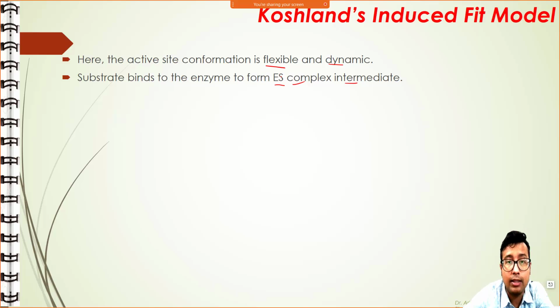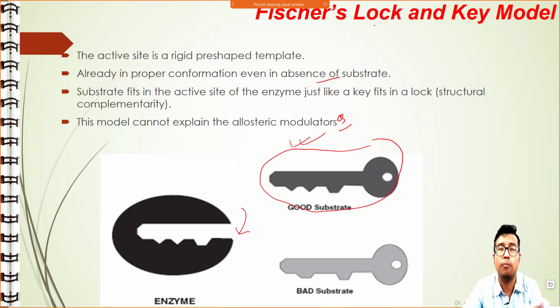Mind it, the enzyme substrate complex intermediate, which is formed by non-covalent bonds, was first hypothesized by Koshland's induced fit model. Fisher always said that enzymes bind so strongly, so close to each other, that there are covalent modifications and covalent binding. Unless there is covalent binding, an enzyme and substrate cannot come close to each other in structural complementarity.